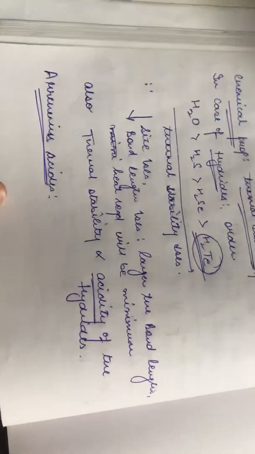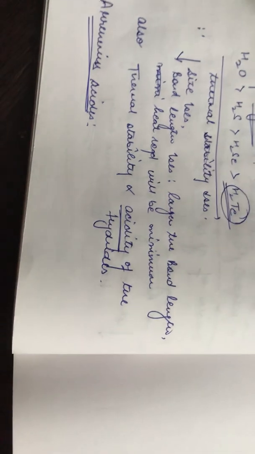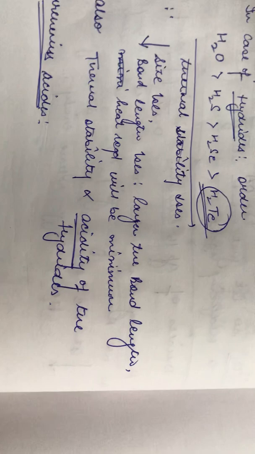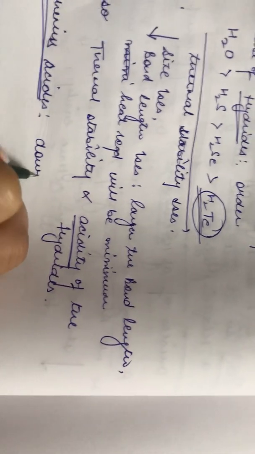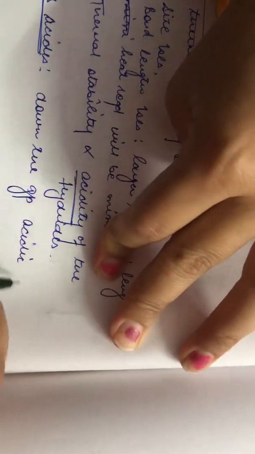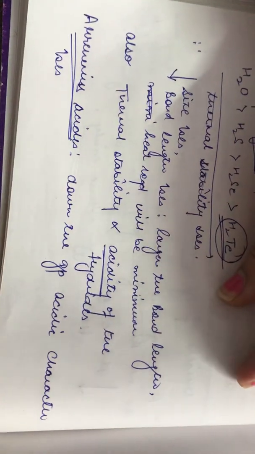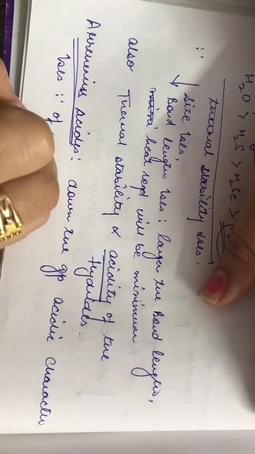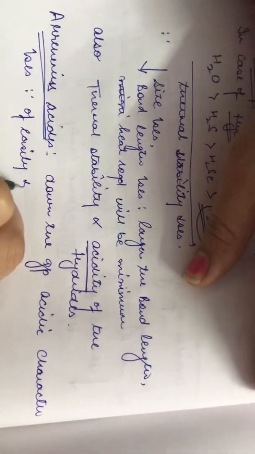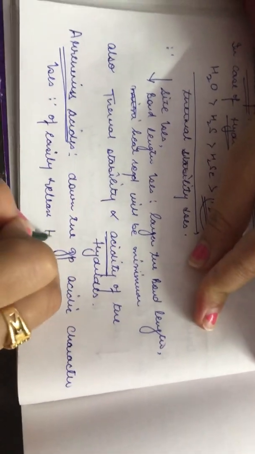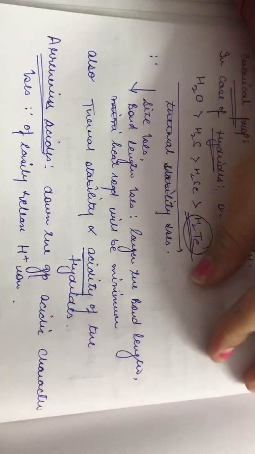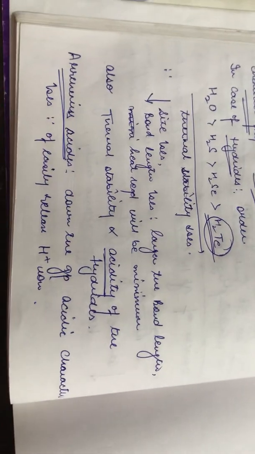So what we will say about these hydrides, that is, on moving down the group acidic character increases because of easy release of hydrogen ion. So these are some chemical properties which we have studied.